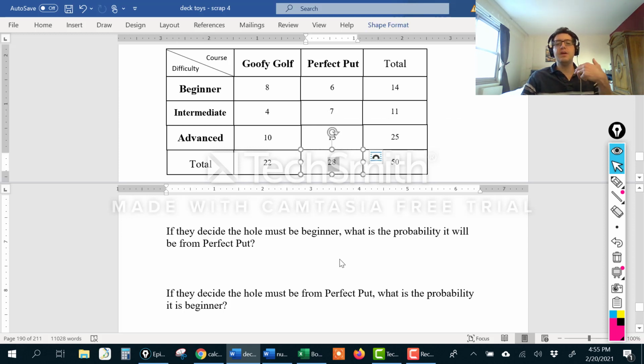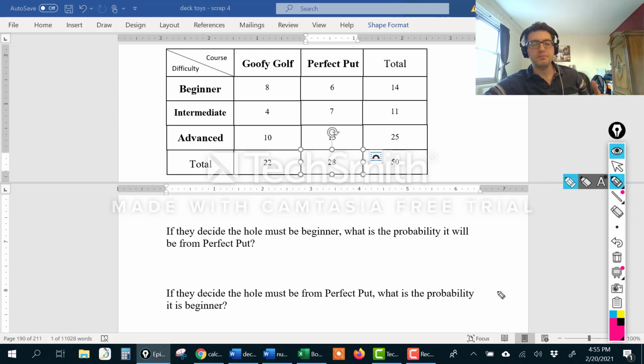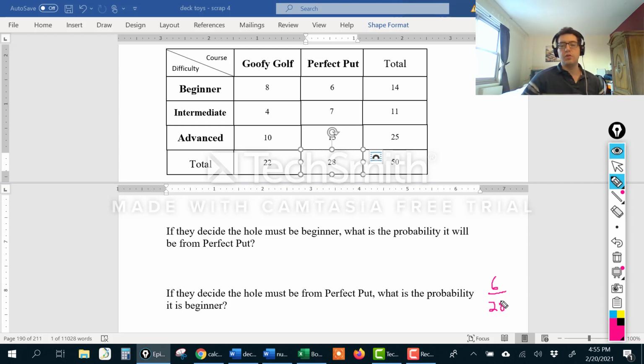Okay, so if they pick one of those holes at the Perfect Putt golf course, what is the probability that it is a beginner hole? Well, there are 6 beginner holes at the Perfect Putt golf course, 28 holes total at the Perfect Putt golf course. So the probability that the hole that they choose is a beginner hole, assuming that they only want to choose holes from the Perfect Putt golf course, is 6 out of 28.